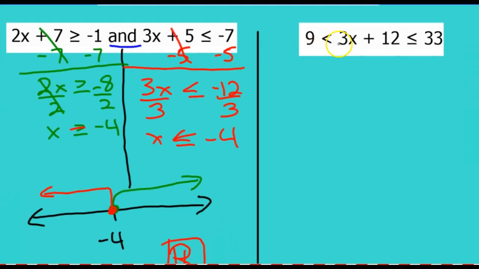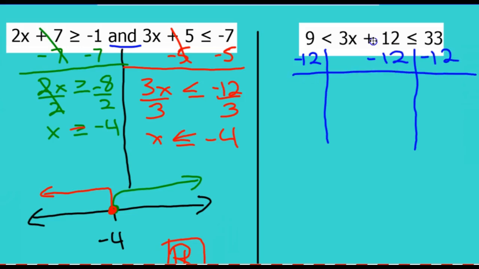This one over here, I'm going to draw two lines straight down here. First thing is subtract 12. It cancels it out in the middle. 9 minus 12 is negative 3, which is less than 3x, and less than or equal to 21.